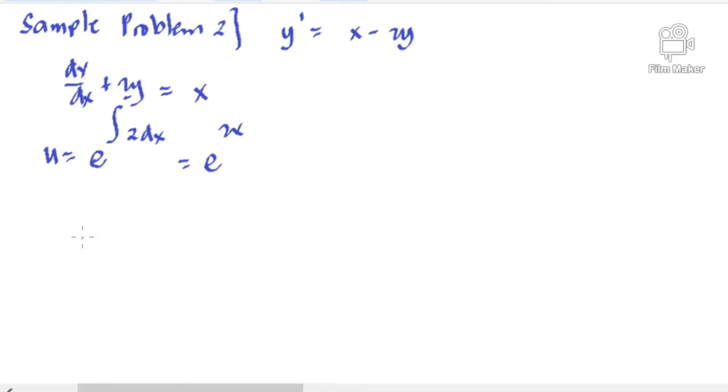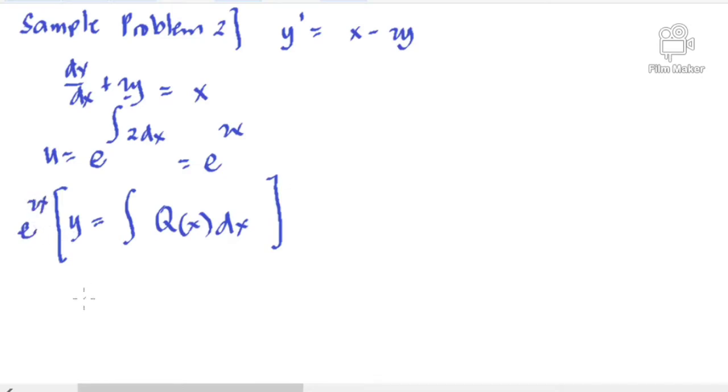So, isusubstitute natin ngayon doon sa form ng y is equal to the integral of q of x dx. So, i-multiply natin siya dito. So, i-multiply natin. Kapag na-multiply natin yung e to the 2x, so therefore, meron tayong y e to the 2x is equal to, ano yan?